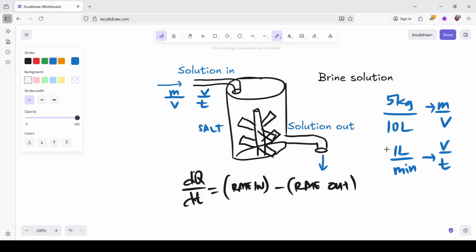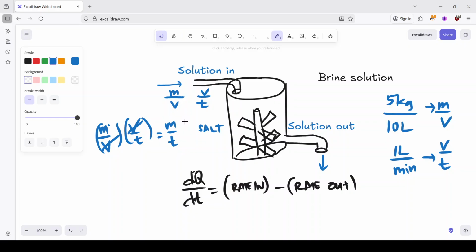Now notice that if we multiply these two, M over V times V over T, the V will cancel out. So we will be left with M over T, which is the mass of our substance, in this case salt, divided by time, or the rate of the substance.